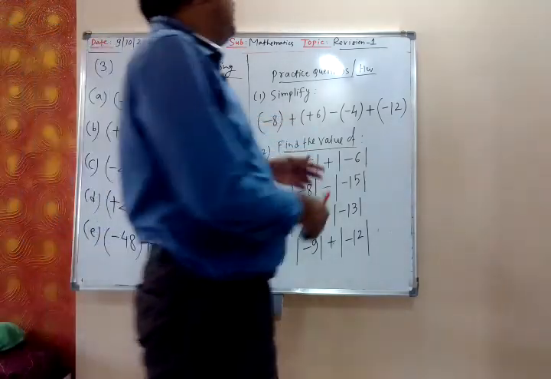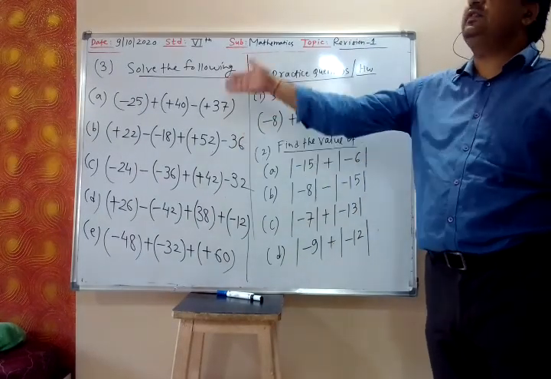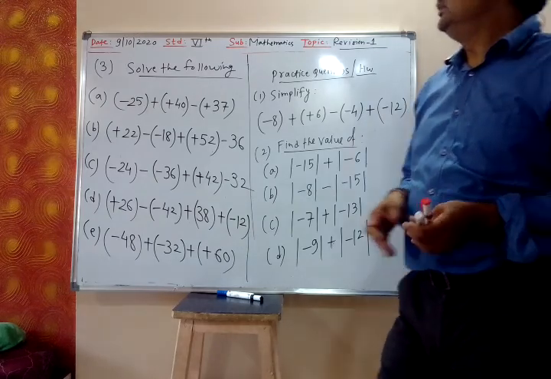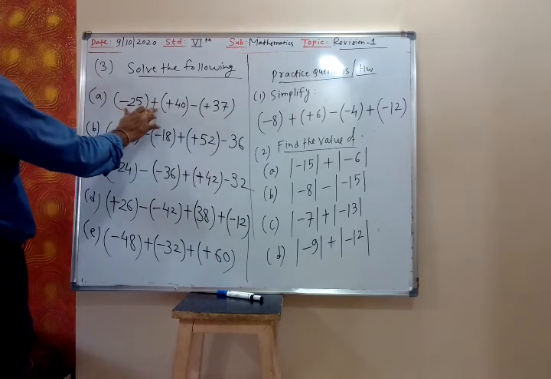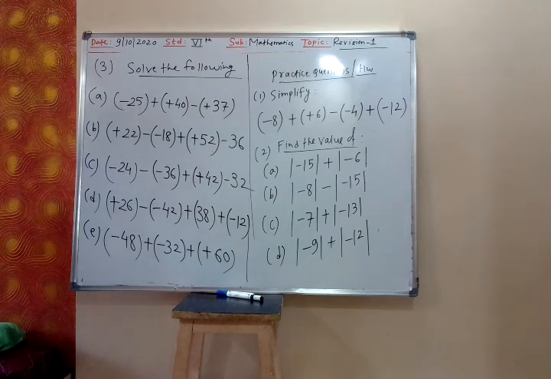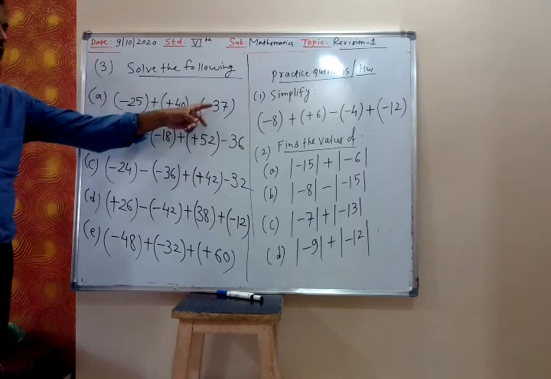For this problem you have to use the number line system and the rule of addition and subtraction. Minus 25 plus 40 minus plus 37.